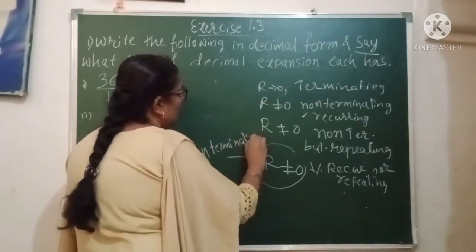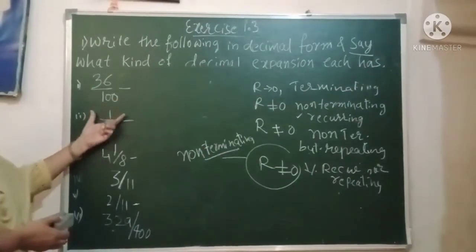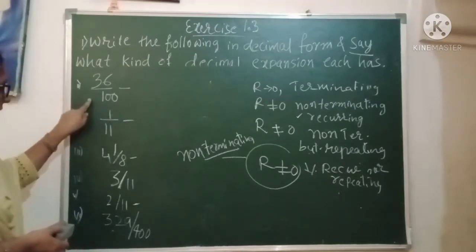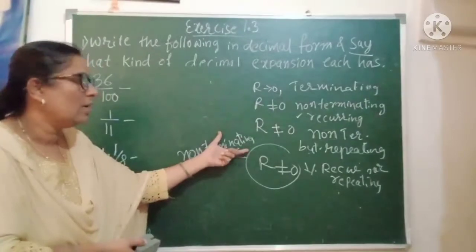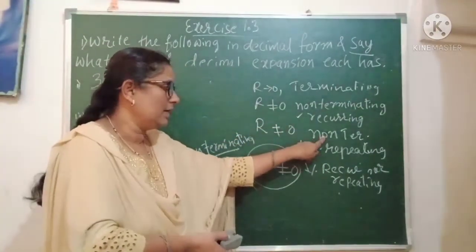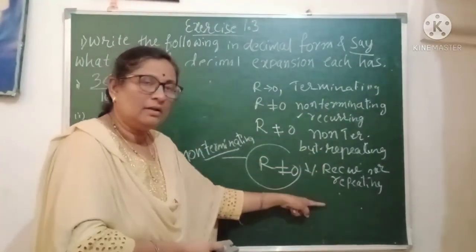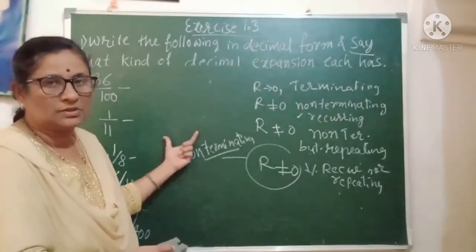This is what you are discussing in this question with regard to decimal expansion. So you are given a fraction, you are dividing it. If the remainder becomes 0, if it will not become 0, if it is recurring, not terminating but repeating, neither recurring nor repeating, then we will say it is the related type of expansion.